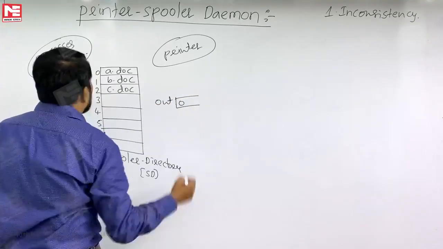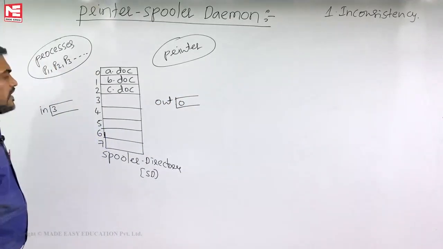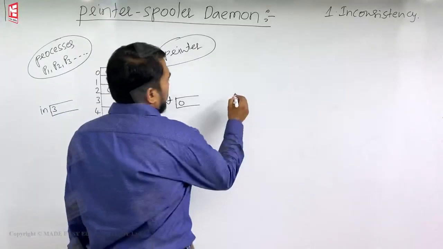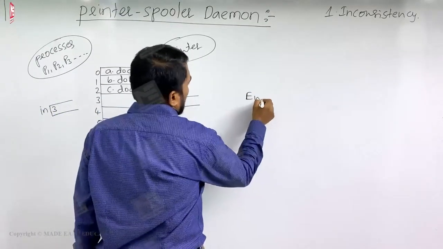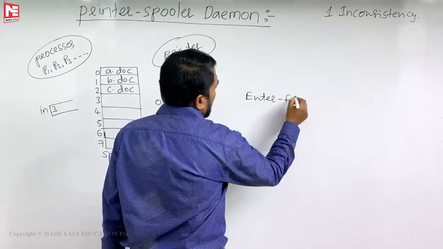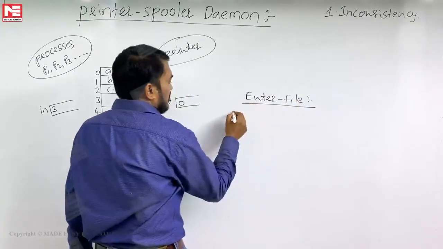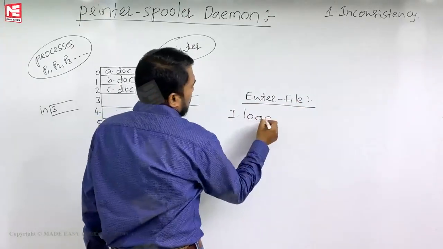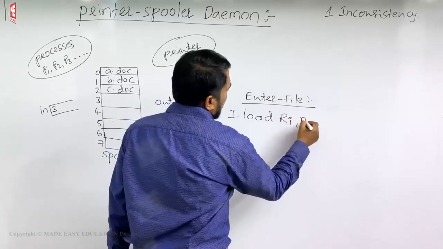So out, that is 0. Try to copy this. Don't worry, just wait, let me complete. If the board is not visible, just wait.